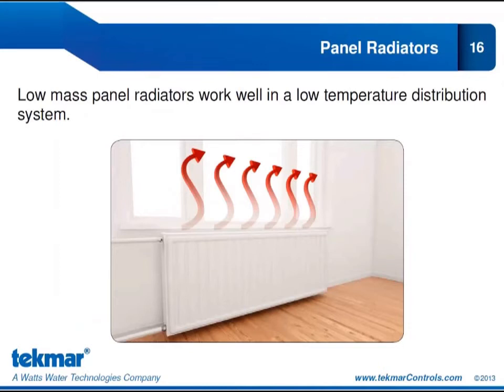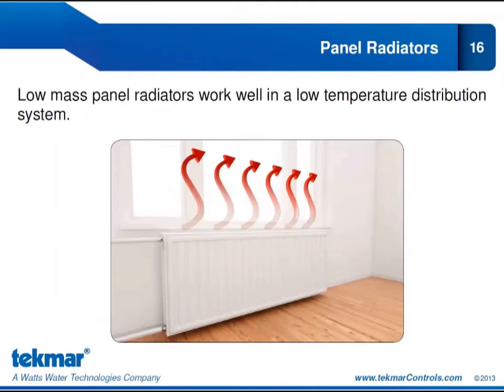Now, just like a forced air system, panel radiators, because they have low water content, are also one of the fastest responding heat emitters. So we can complement our radiant base load heat delivery with a fast acting second stage of heat using the panel radiators. The key here is really that the panel radiators have to be sized appropriately.